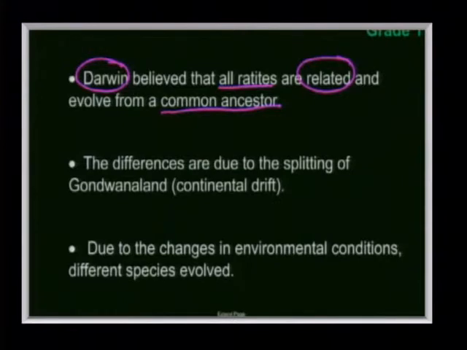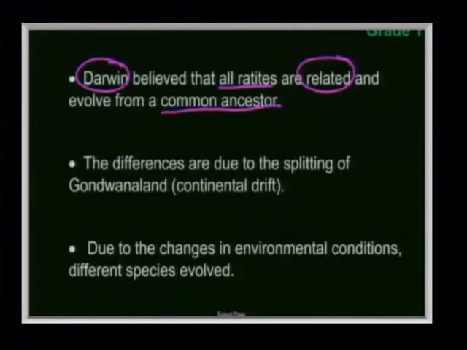Then, the reason why there are differences, in other words, if you compare the ostrich in South Africa, which is a bit larger than the rhea that you find in South America, is of course due to environmental conditions. But when did the environmental conditions change? That of course changed when we had the splitting of Gondwanaland. And that was due to this process that we refer to as continental drift.